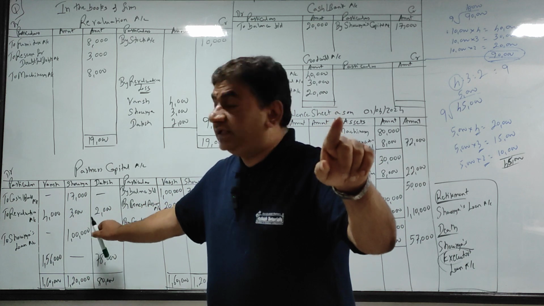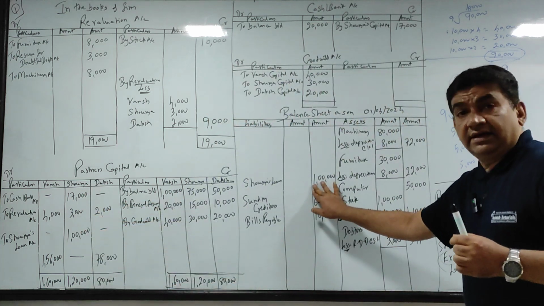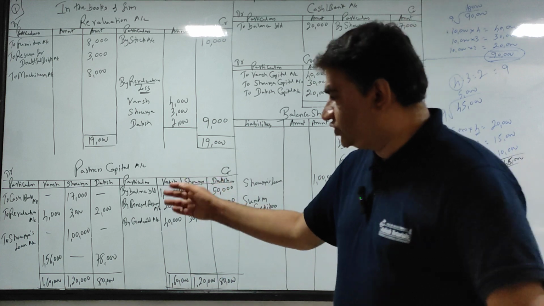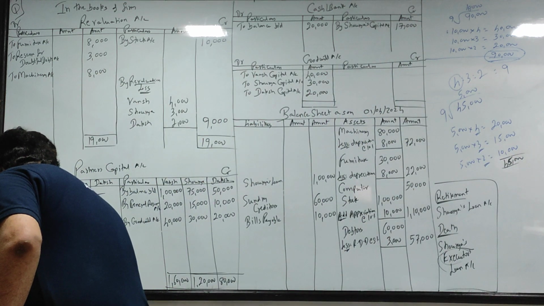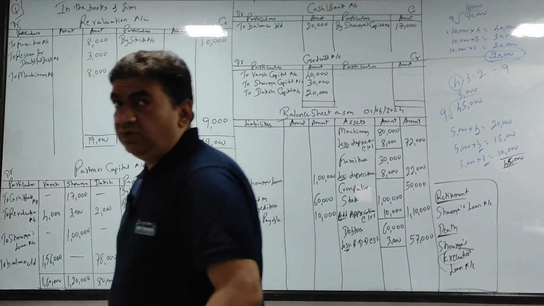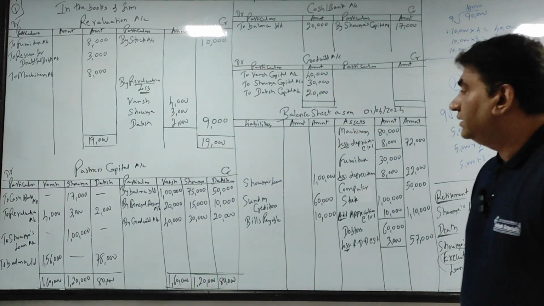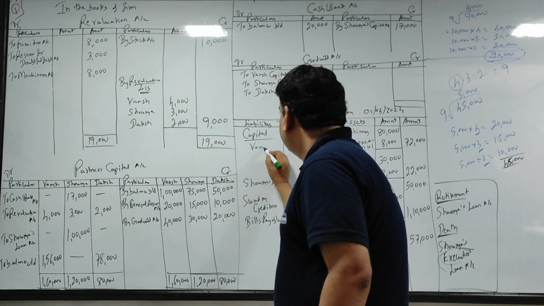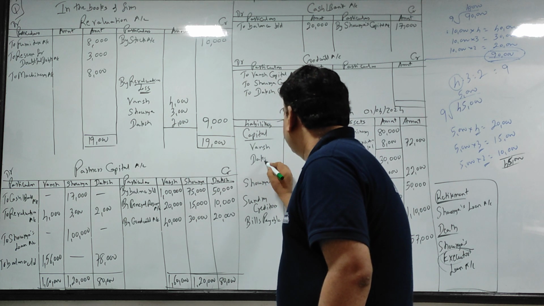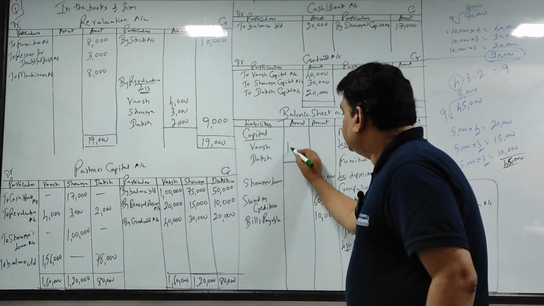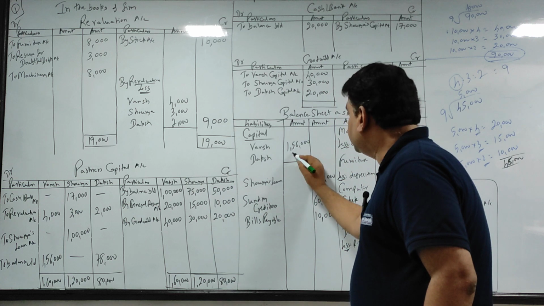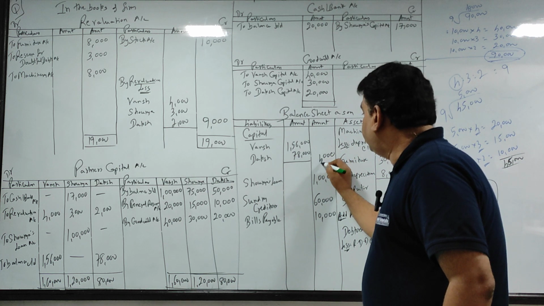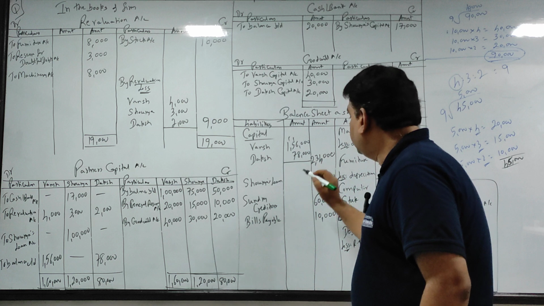Understand. There were 3 partners, Shourya retired, his amount went to loan, the remaining 2 are still partners, so this will be counted as their capital. So against that, balance carried down, 2 balance carried down, and come to the liability side, capital, Vansh and Daksh. So Vansh 1,56,000 and Daksh 78,000. 6 and 8, 14, 6, 2,34,000.